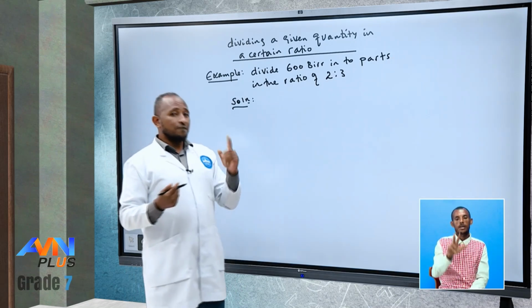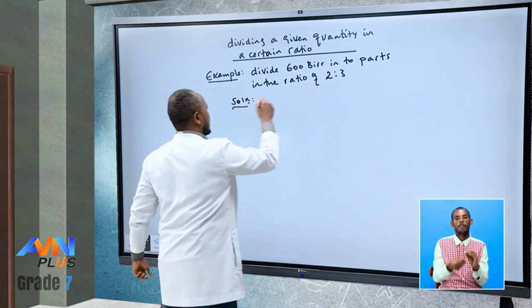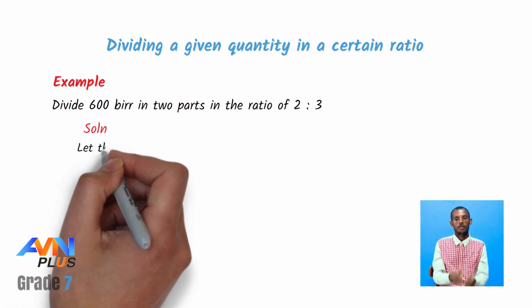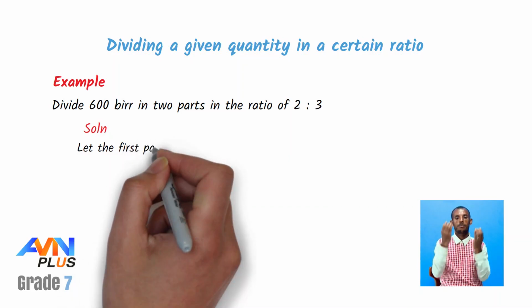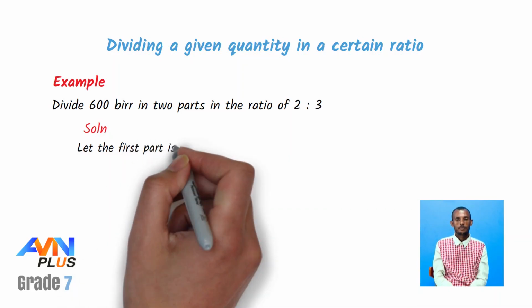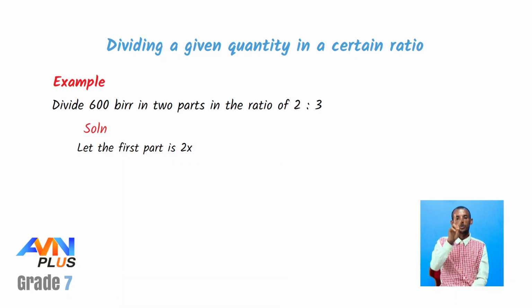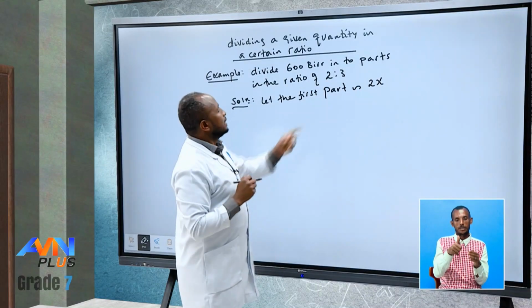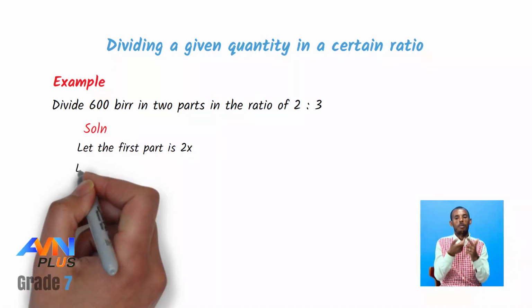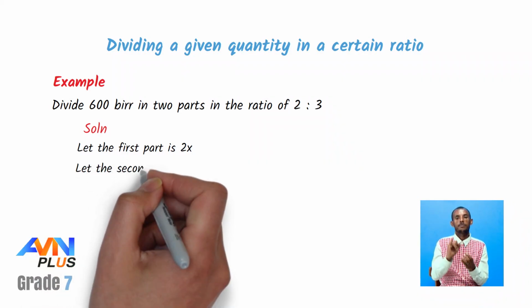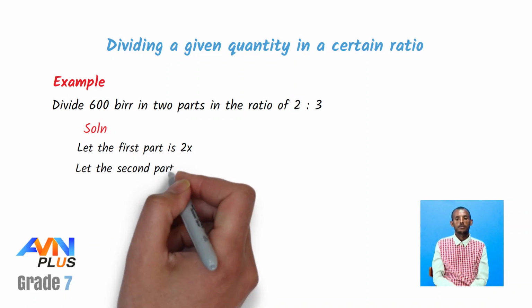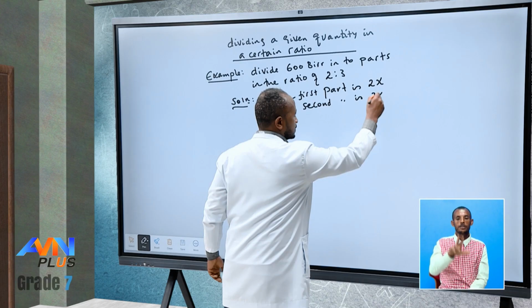So the original terms are obtained by multiplying both 2 and 3 by the same number. Therefore, let the first part be 2 times a certain quantity x, and let the second part be 3x.